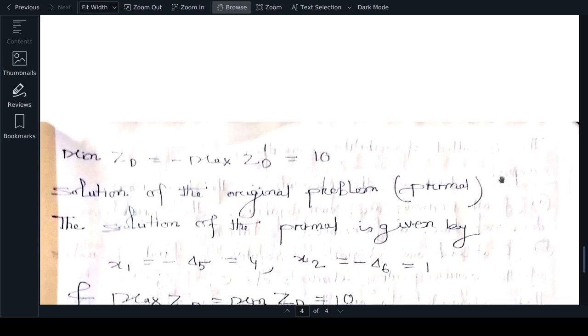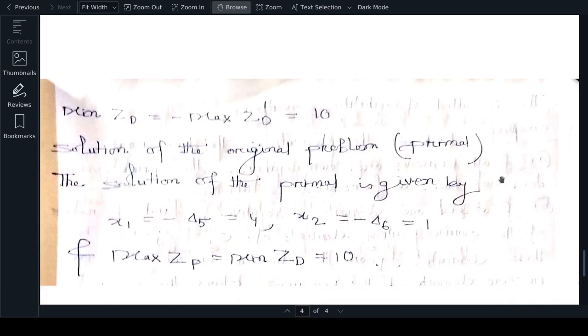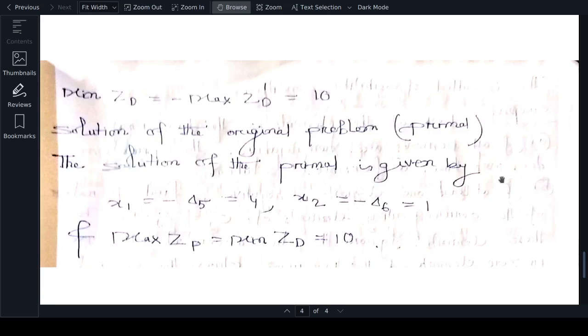The solution of the primal is given by, you see, this line is important. How to read our original problem? How many variables? Two variables, x1 and x2. So which variable do you consider, slack or surplus variable?